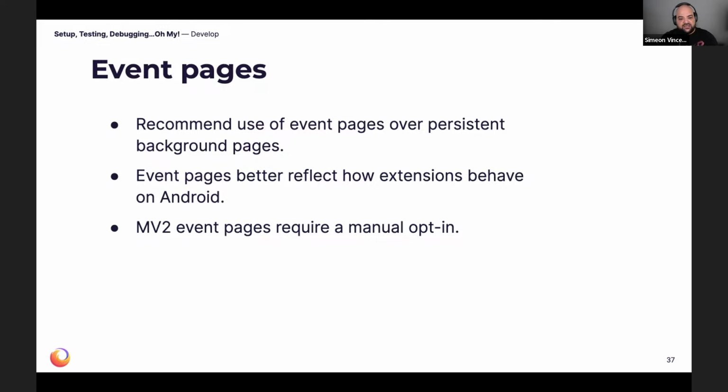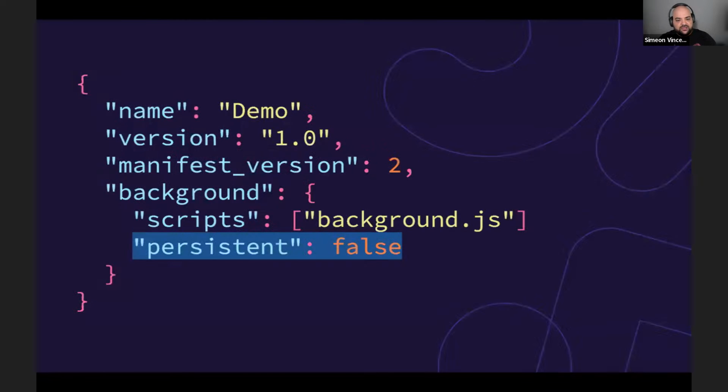So by choosing to opt into the event page model, you're better aligning your extension with how the platform itself is going to behave. Notably, this does require a manual opt-in on your part as a developer. When you specify your background in your extension manifest, you'll need to set persistent false.